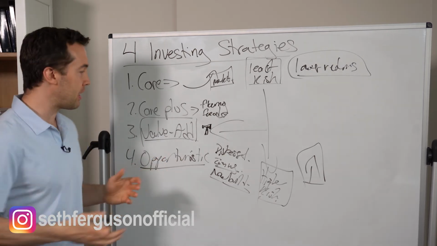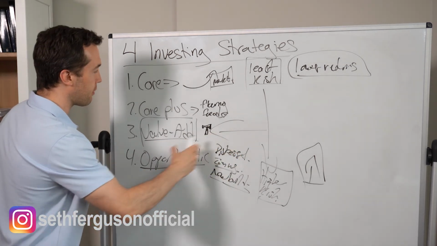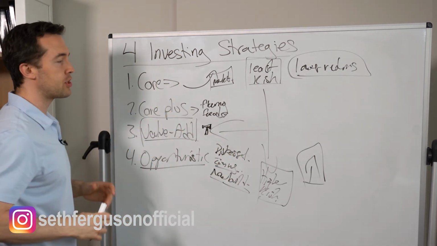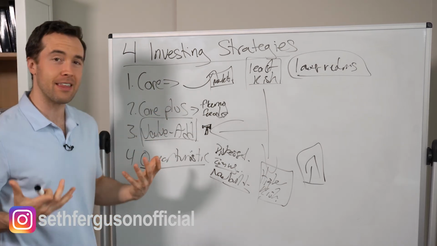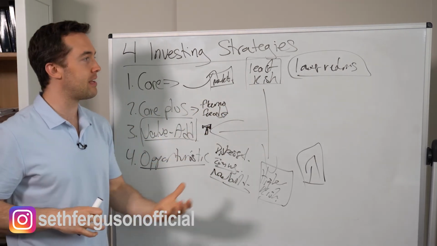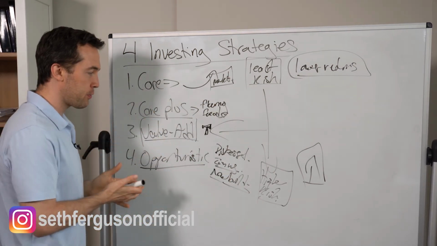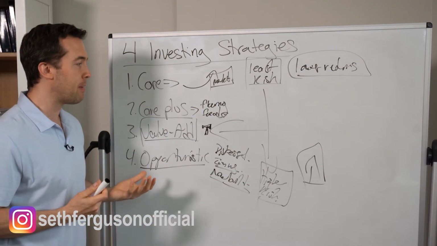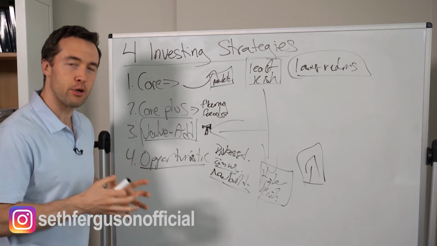So it almost marries the opportunistic play where we're doing renovations and heavier lifts and the core strategy of acquiring cash flow producing assets. And this is why value add, I think, is a great balance between the risk involved in the deal and the returns you are receiving, because you're buying that cash flow producing asset most of the time, and then you're doing work to it to improve and force the appreciation of the asset.